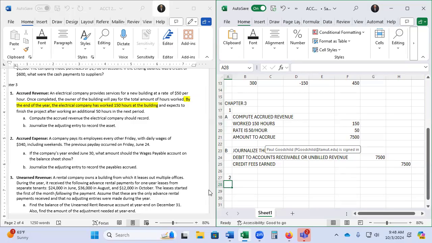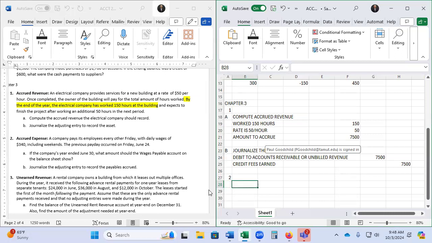It says a company pays its employees every other Friday with daily wages of $340, including weekends. Previous payday occurred on Friday, June 24th. And so now we have, if the company's year ended June 30th, what amount should wages payable account on the balance sheet show?